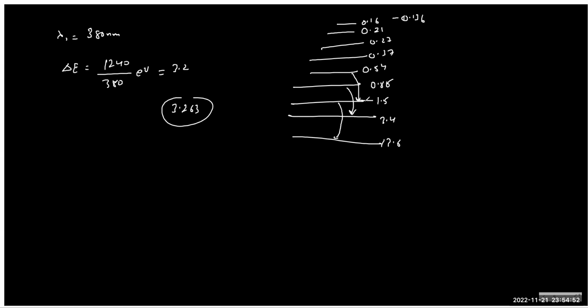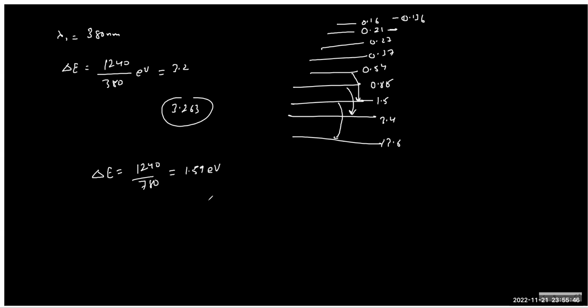List the wavelengths emitted by the H atom in the visible range. So the maximum difference we can have is 3.2. Fine. And the minimum is how much? 1240 by 780, 1.59, close to 1.6 roughly. This is in eV.